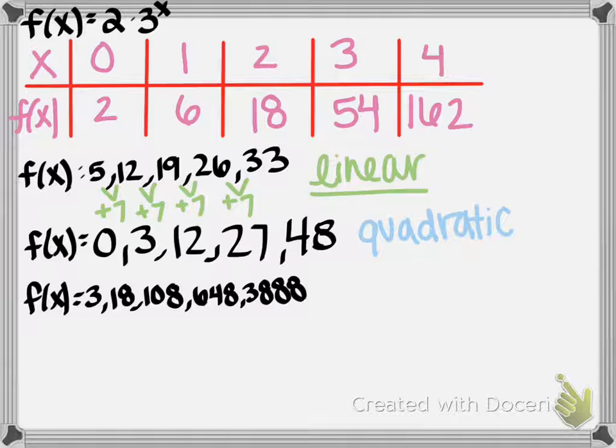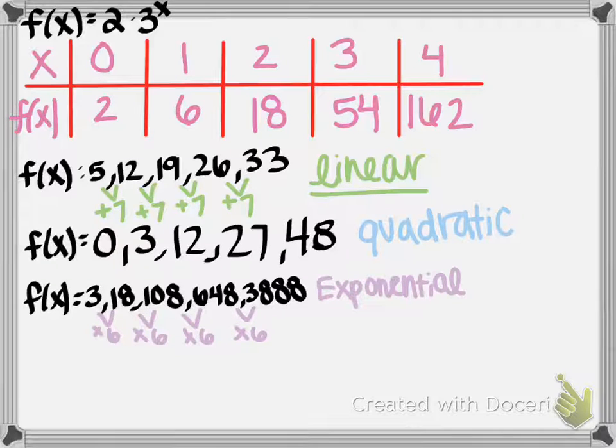Here we have our next one. And each time, I can't add the same thing, but I can multiply by 6 each time to get the next value. And so when I multiply by the same thing, this is exponential.